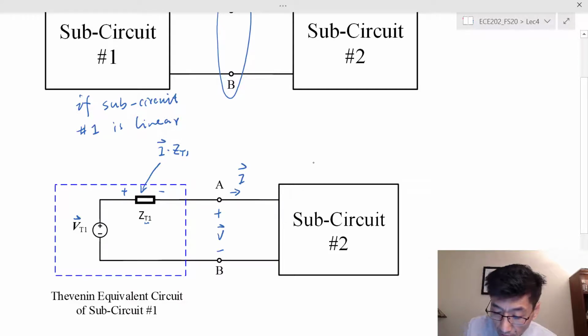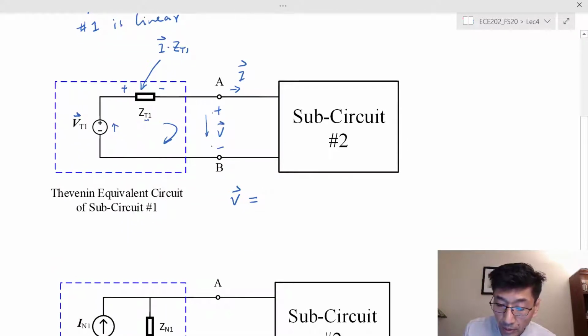The KVL says the V, which, let's choose this direction, is a voltage drop from positive to negative, right? That should be equal to the sum of voltage rises. And this one here, from minus to plus, that's a voltage rise.